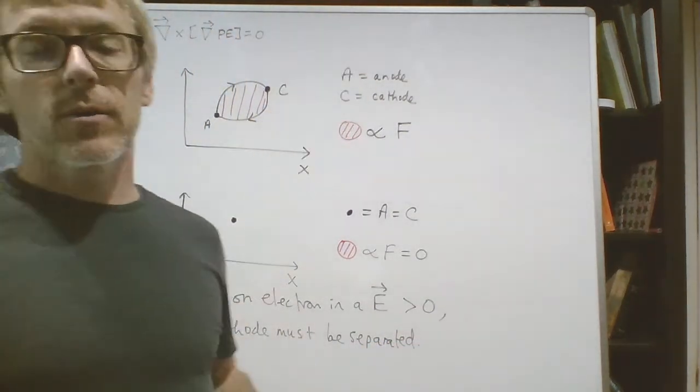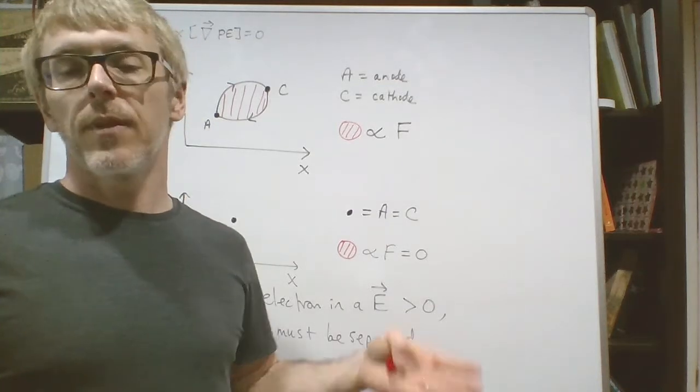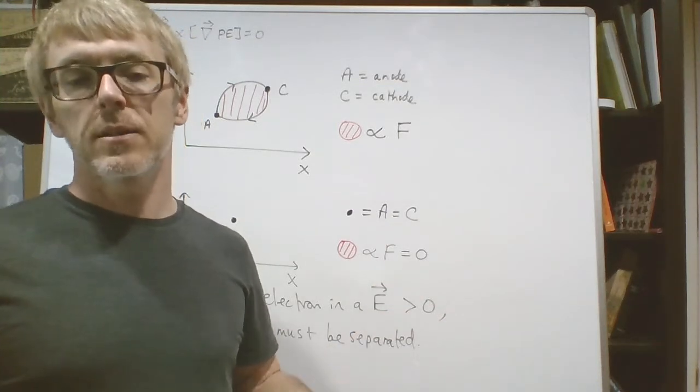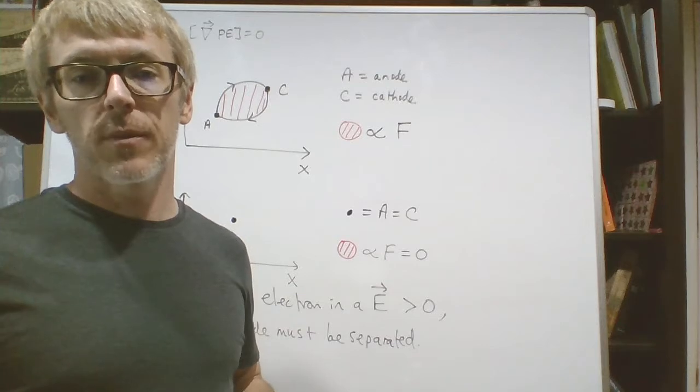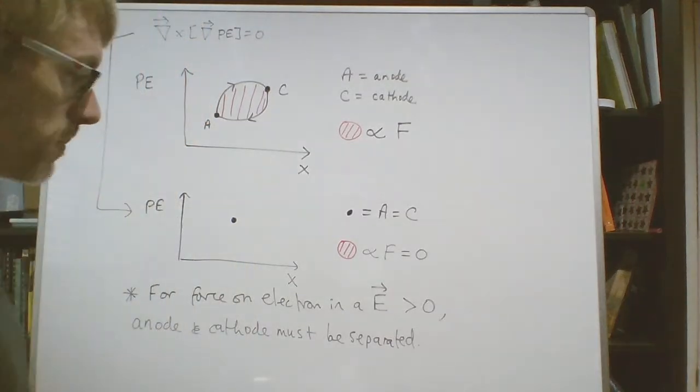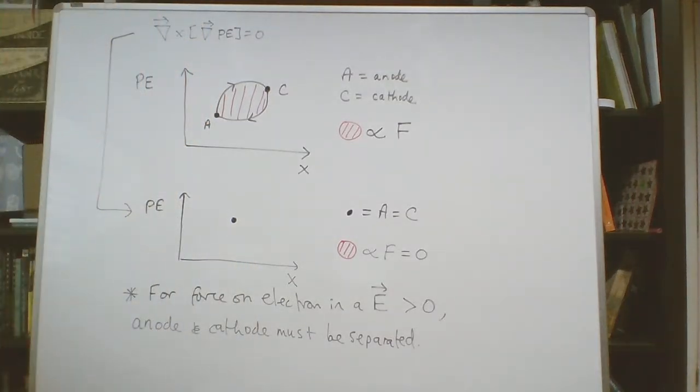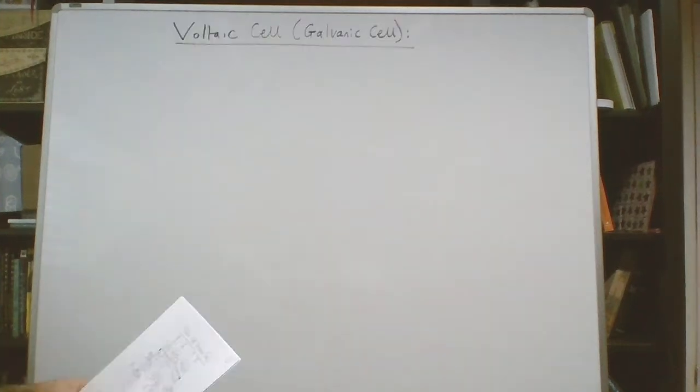So for now, anode and cathode are just labels. Shortly in this video, we'll explain what we mean by anode and cathode, but for now, they're just labels A and C. Okay, so I'll clear this board and we'll continue.